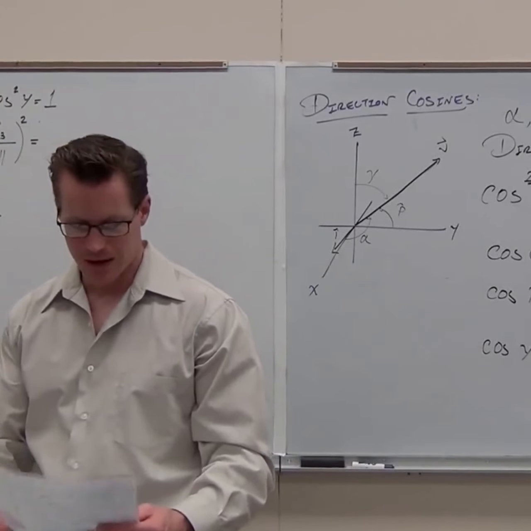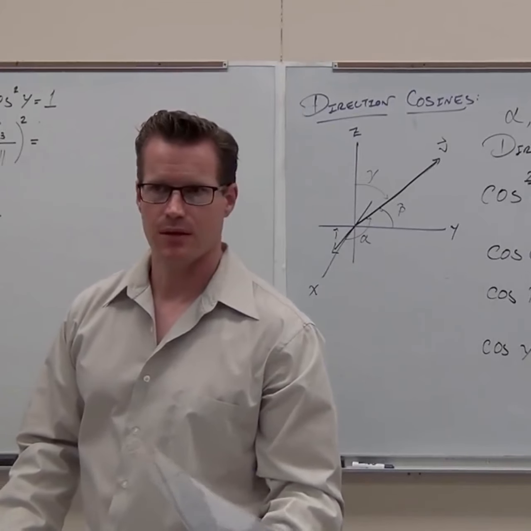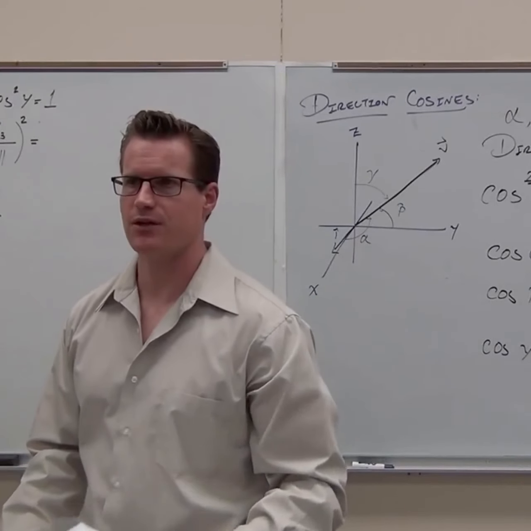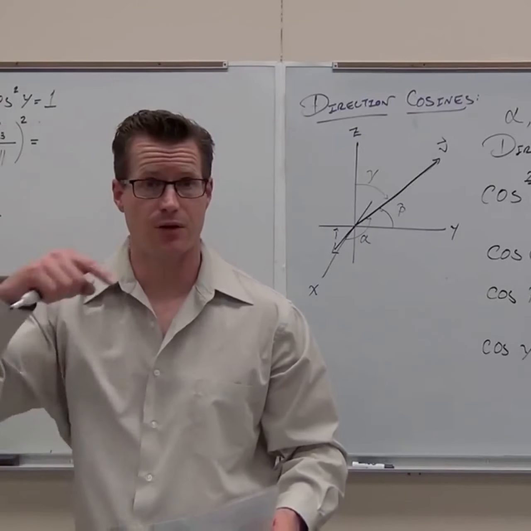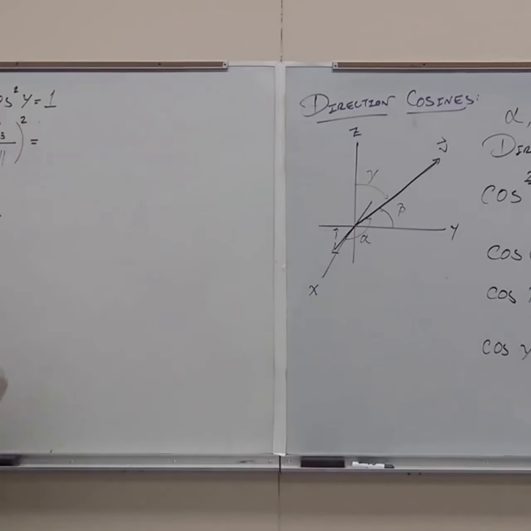If you ever have to find the unit vector, there's a quick way to do it. Here's how you find the unit vector. It's just like finding the unit vector from the unit circle idea. It's just a little extension.